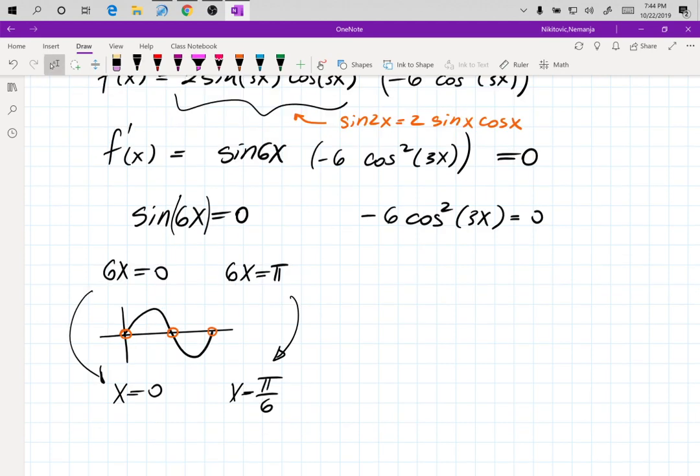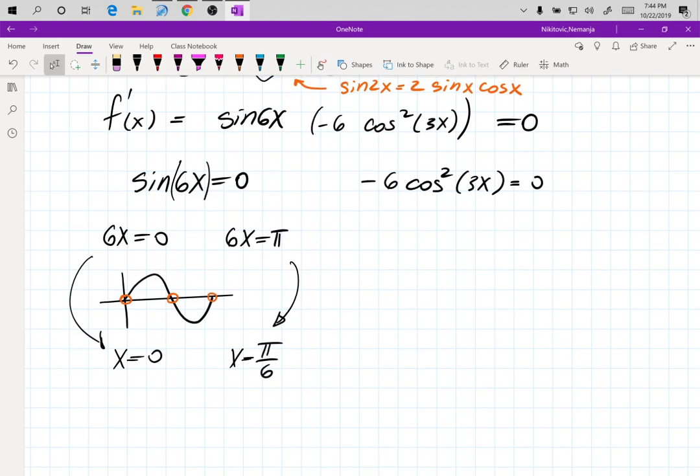Now, I never gave you the interval, so this is infinite. And if we have a solution at every pi over 6, the overall solution is n pi over 6, where n is 0, plus minus 1, plus minus 2, plus minus 3, going on forever.